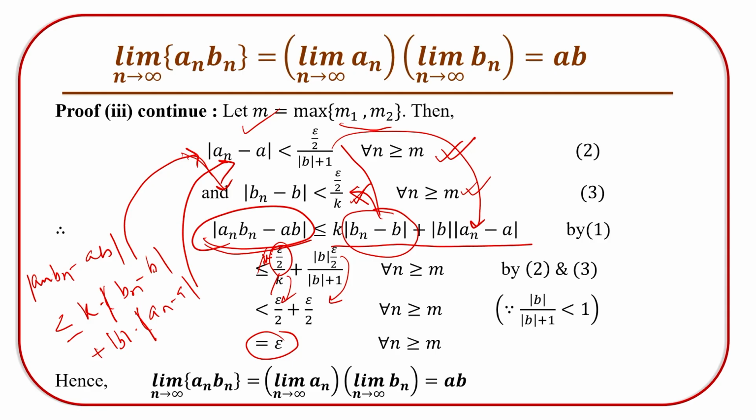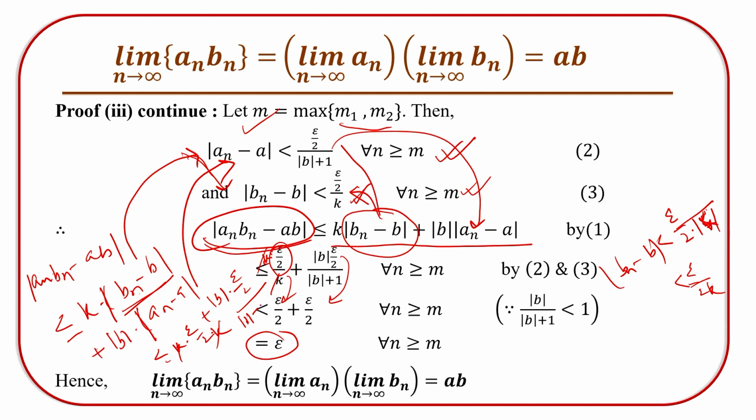For b_n minus b, I have chosen |b_n - b| less than epsilon by 2, and since k is positive, divided by k, so you can write epsilon by 2k. So k into epsilon by 2k, the k cancels out, plus |b| into epsilon by 2 divided by |b| plus 1.